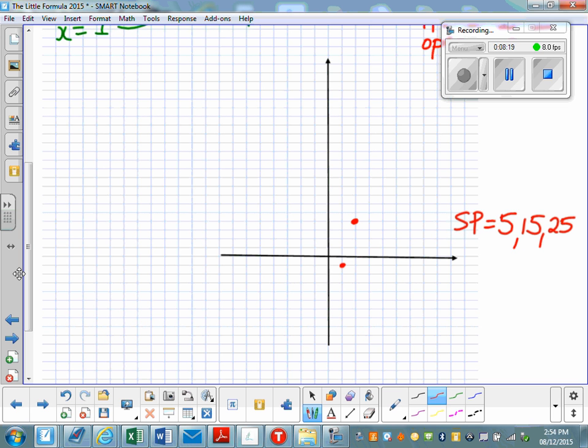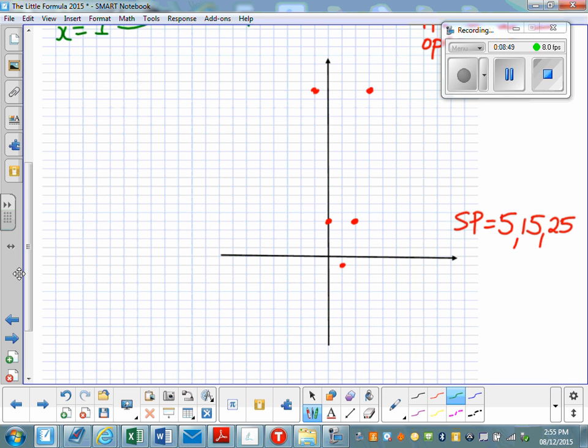And from that point, I go over 1 and up 15. So 1, 2, 3, 4, 5, 6, 7, 8, 9, 10, 11, 12, 13, 14, 15. And if we couldn't fit that point on the graph, that would be fine. We just plot the ones that we can fit. So we've got image or mirror points on the other side of the vertex here. So we've got points in those spots there.